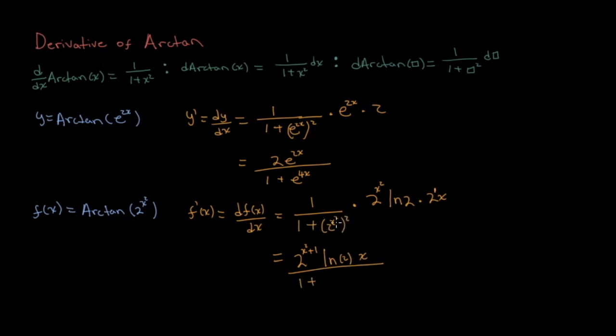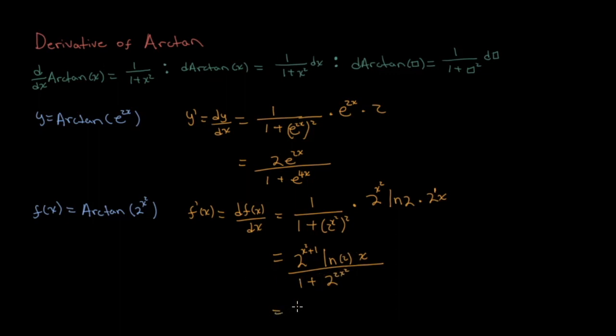So we can multiply these two exponents here. So x squared times 2 is just 2 to the power of 2x squared. And we can simplify this denominator even further, because 2 squared is equal to 4, so we can write it this way.